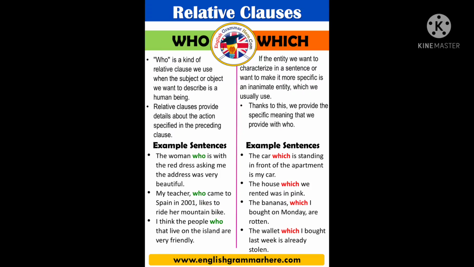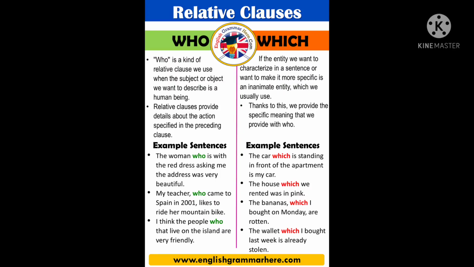The next word is that. It is used for people, things and animals. The examples for this relative pronoun are: the girl that we met in France has sent us a card. The second example, we live in a ground floor flat that backs onto a busy street.